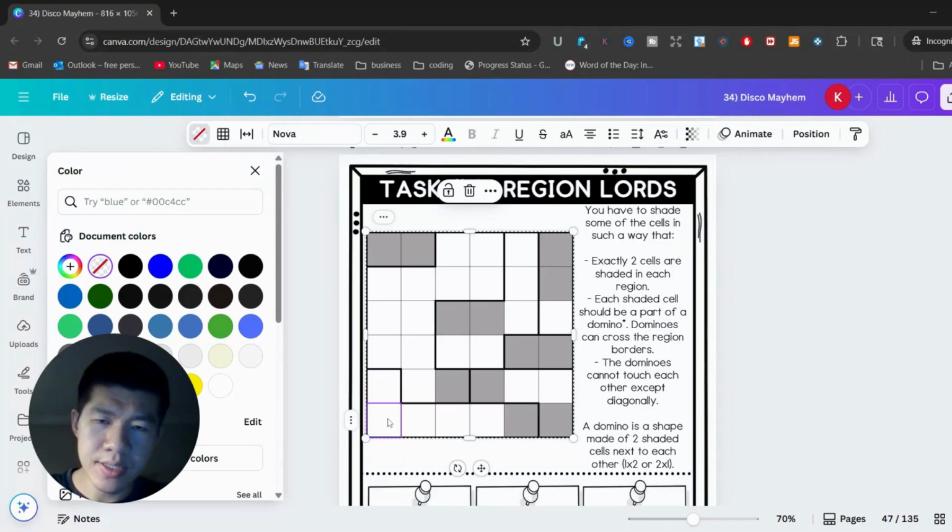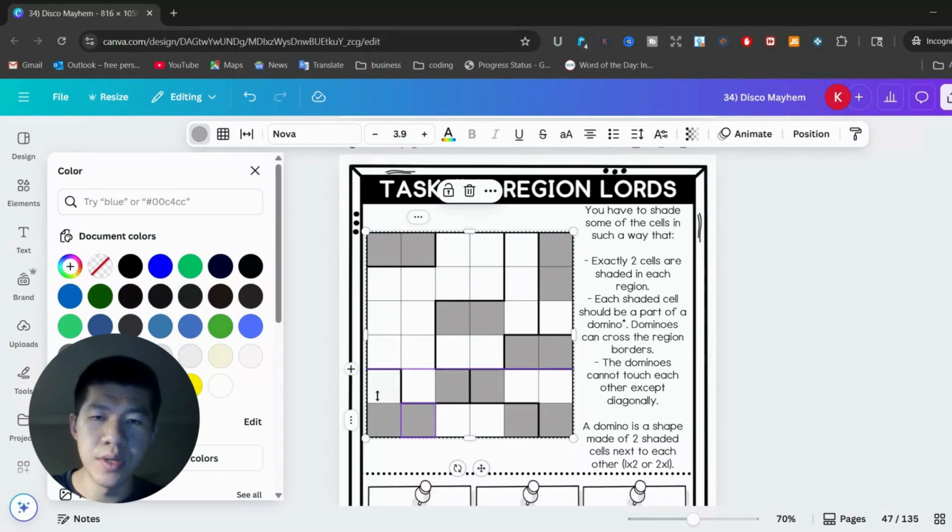If I shade in this cell right here, I'm either going to have to shade in this one or this one. And I can't do both, because if I shade in this one right here, then you have three cells that are shaded in this region.